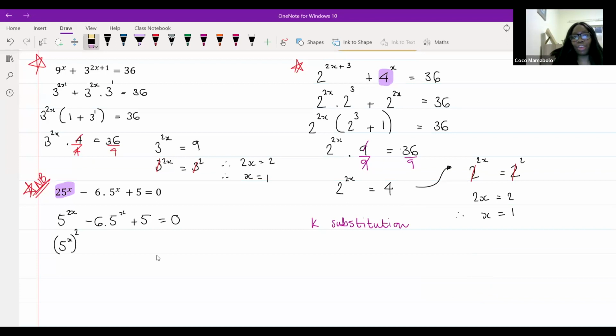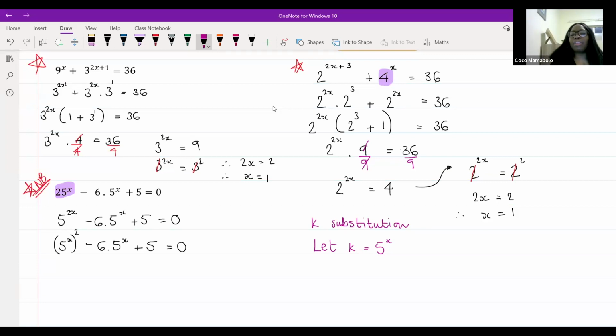I'm going to write that as 5 to the power of x to the power of 2 minus 6 times 5 to the power of x plus 5 is equal to 0. And then I'm going to go over to the side and I'm going to say, let k equal 5 to the power of x.